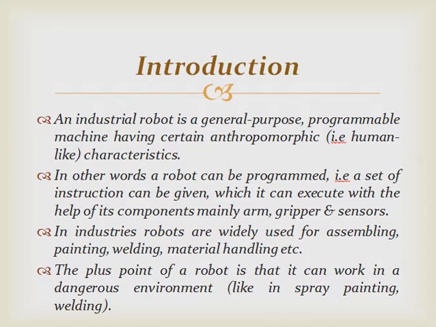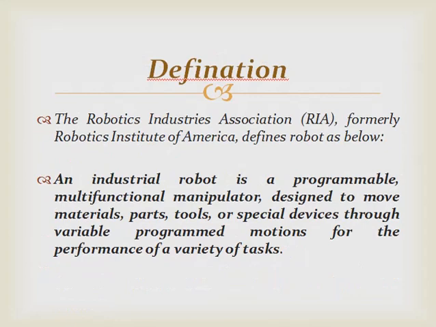Because in most cases it is very difficult for a normal worker or laborer to work for a longer period, as well as in some areas where it is very difficult for a common man to work. In these areas, instead of using normal workers, if you implement robot technology, you'll get better results.